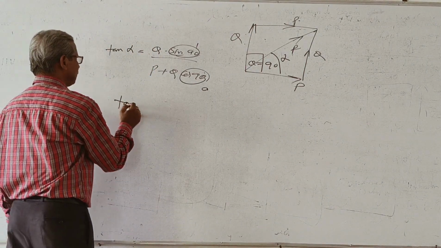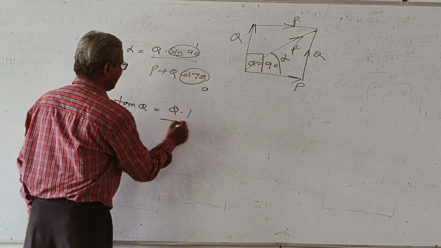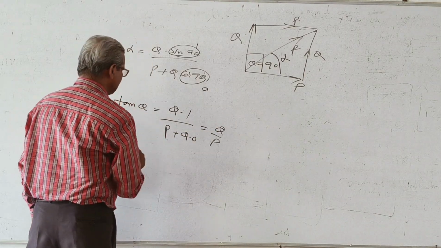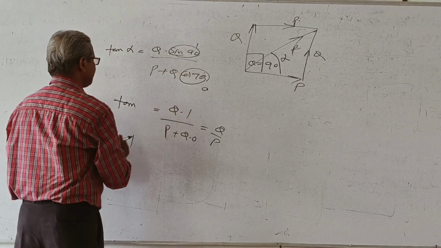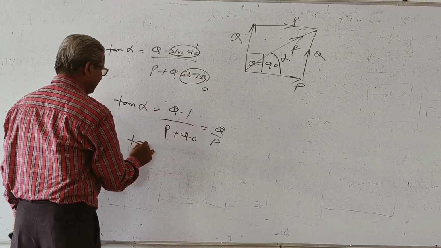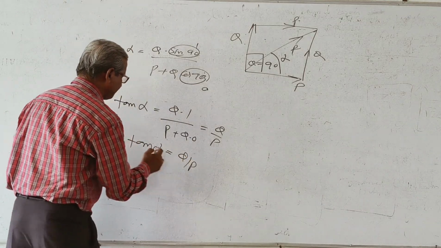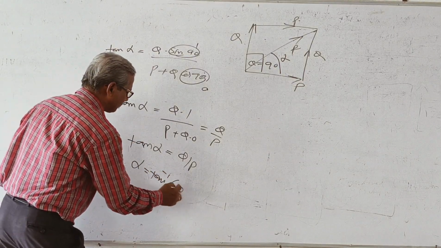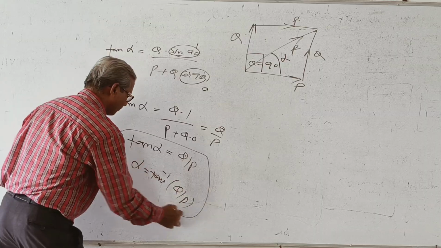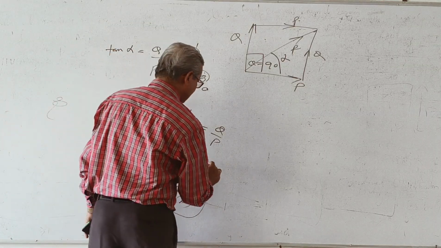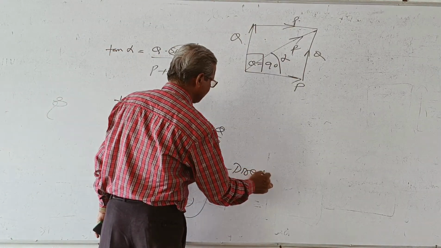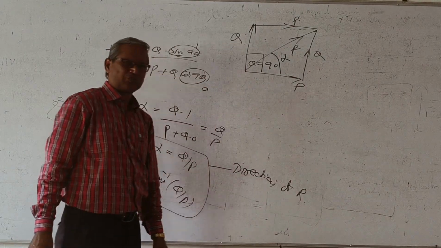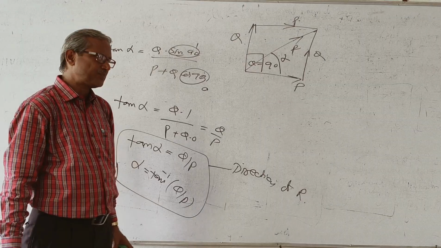So tan alpha is equal to Q into 1 by P plus Q into 0, which is Q by P. So alpha is equal to tan inverse Q by P. This is the direction of the resultant force. Three cases.